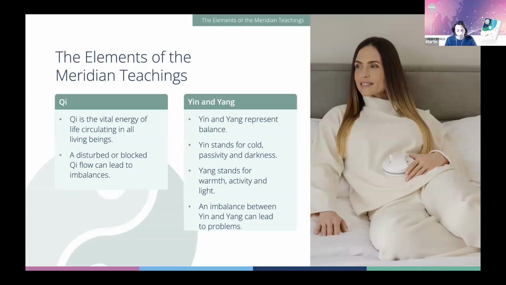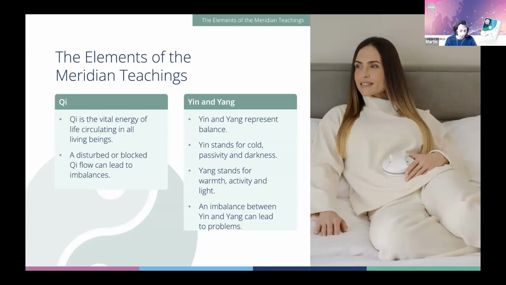For Western people like Europeans, it's like, what are they talking about? But Qi is very unique, and everyone has it, but only few really understand it. And of course, if this Qi doesn't flow freely, so it's blocked somehow, this can lead to imbalances.